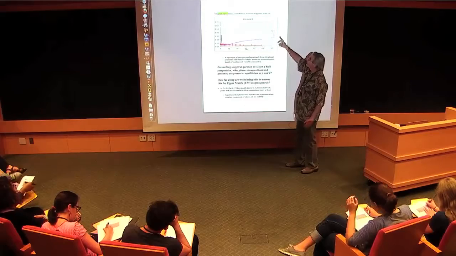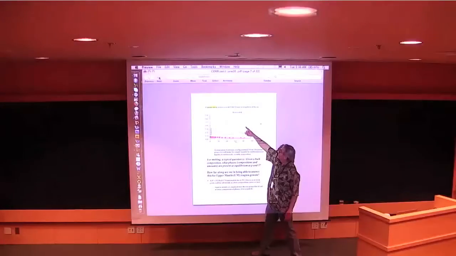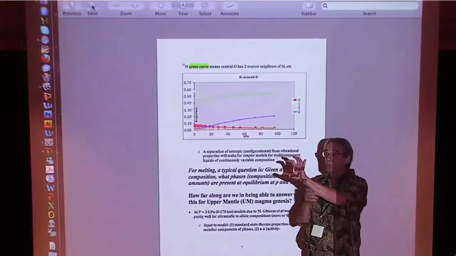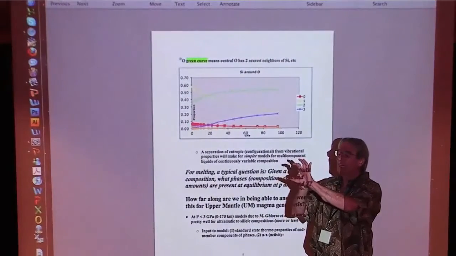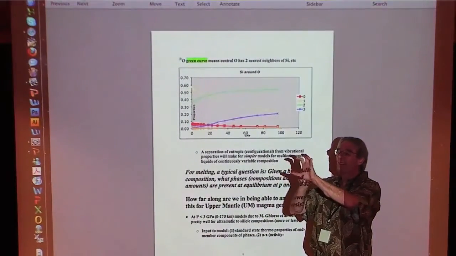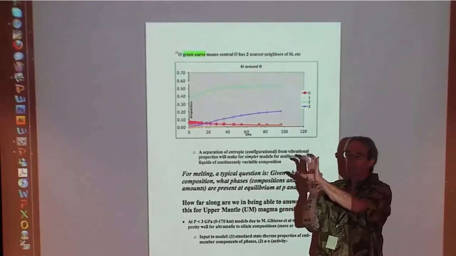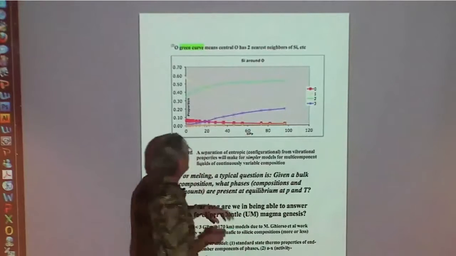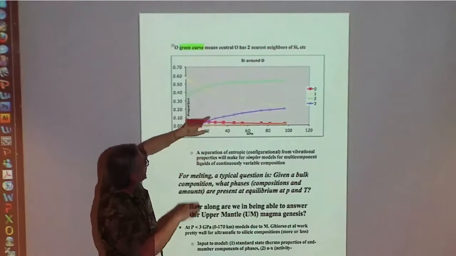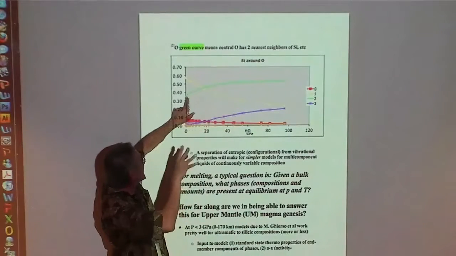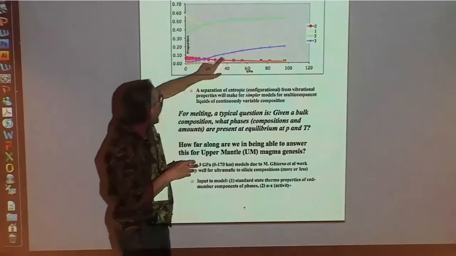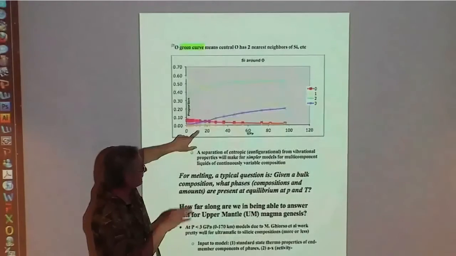Here's another way of looking at it. This is the Si around O. Now you take O as your central atom and ask how many Si atoms are nearest neighbors to this central O. What fraction of these O atoms have 2 Si as nearest neighbors? That's that. What fraction of these oxygens have 3?